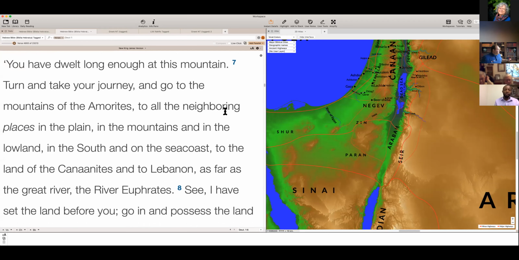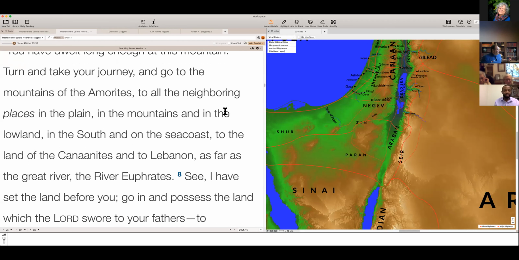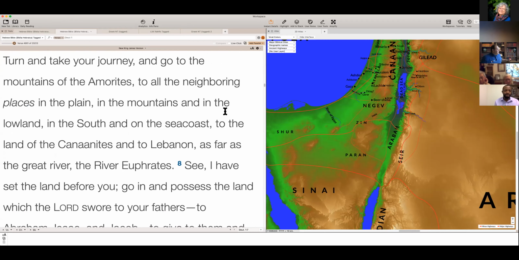It says, turn and take your journey to go to the mountains of the Amorites. Where are the mountains of the Amorites? Right here. You see, it's very easy to see here because the green one is the low-lying land. These are the plateaus. So from here, they had to travel downhill and then uphill right here.